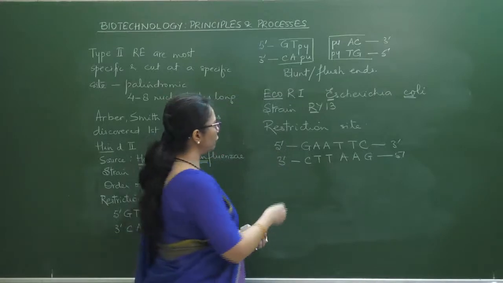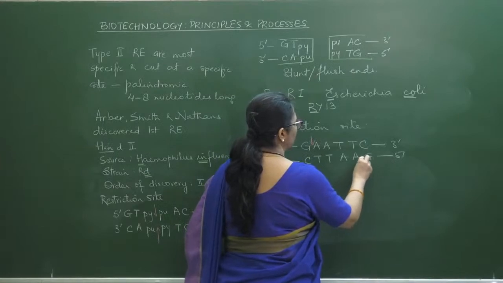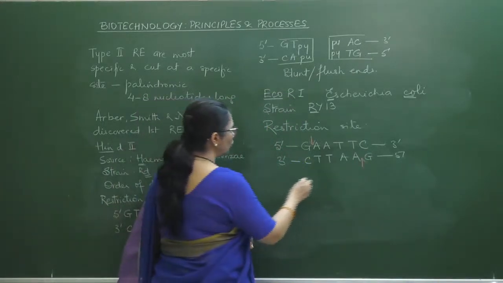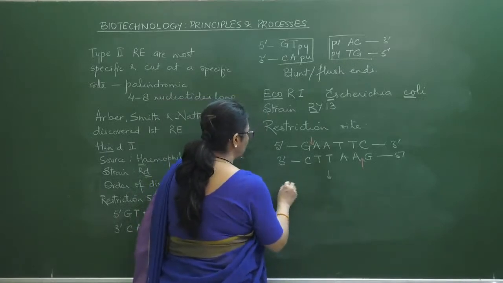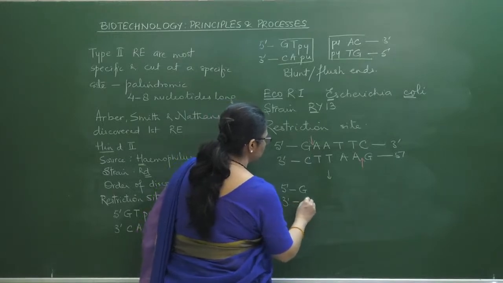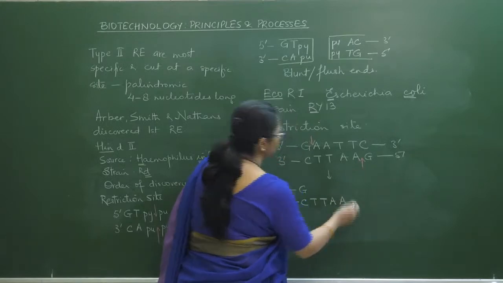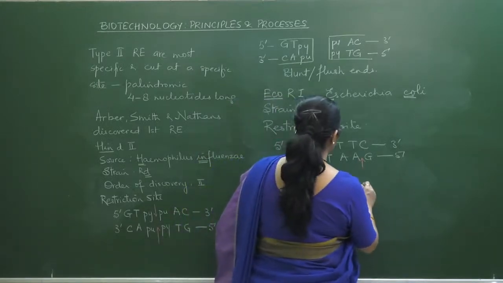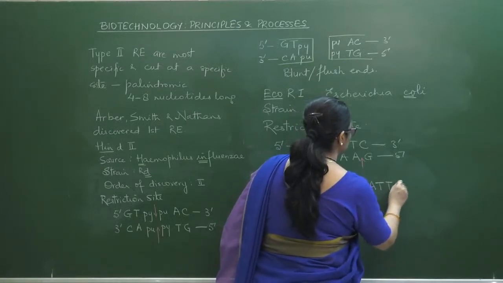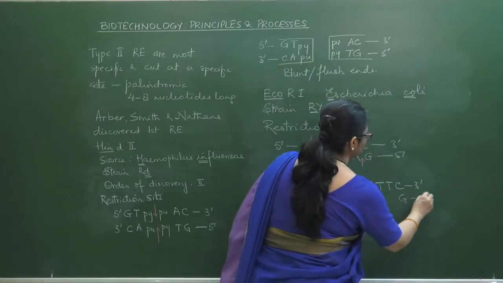Now this one is cut between G and A. Between G and A, here it cuts on both these strands. So now here G and here CTTAA, here it is AATTC, and this is G 5'.